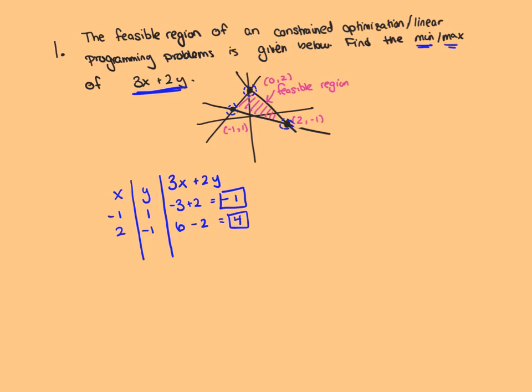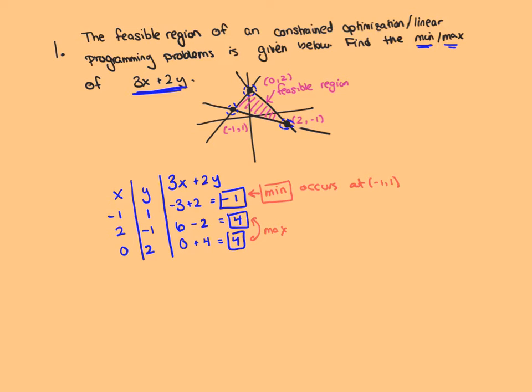And then the last point, 0, 2. Plug that in. 0 plus 4, also 4. So that tells us that negative 1 is the minimum, and it occurs at that point, negative 1, 1. And then 4 is the maximum.